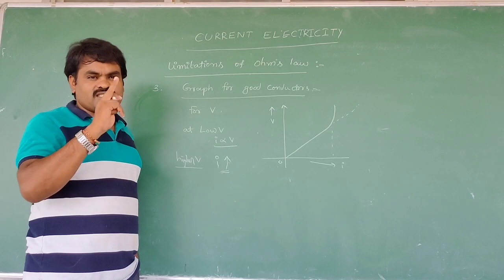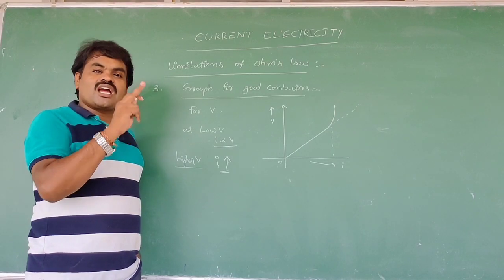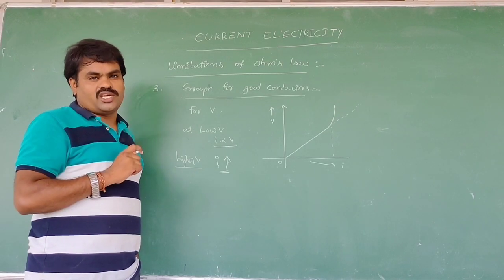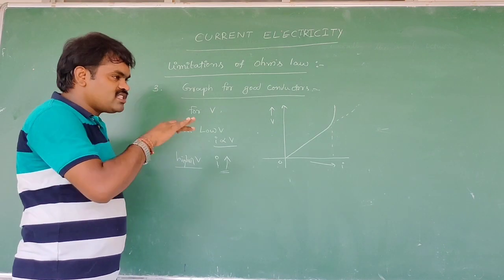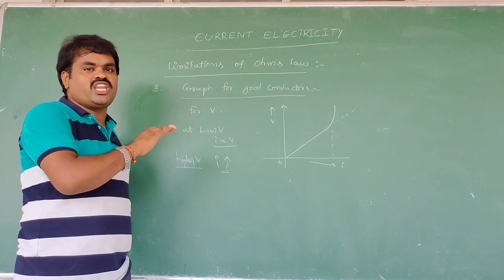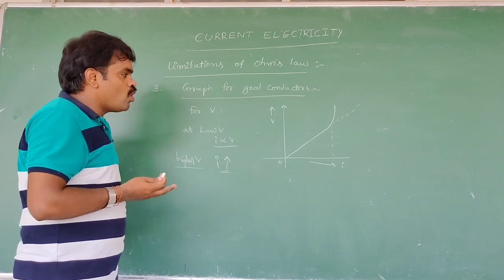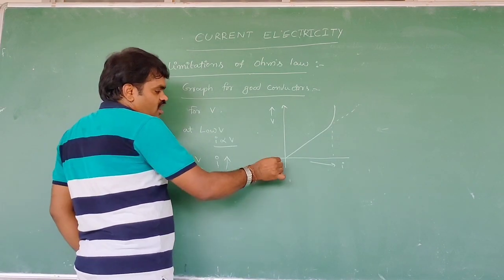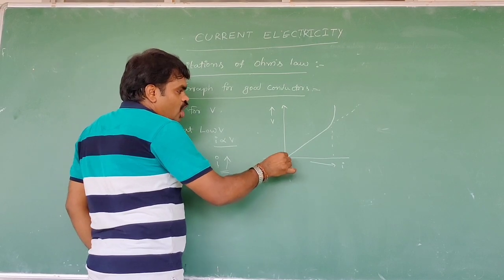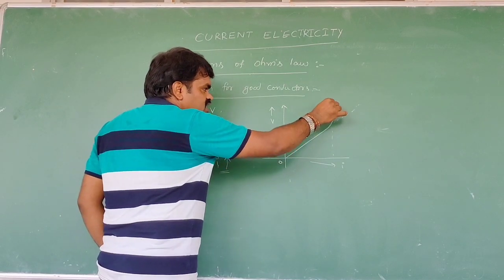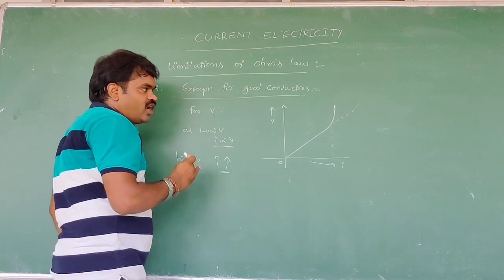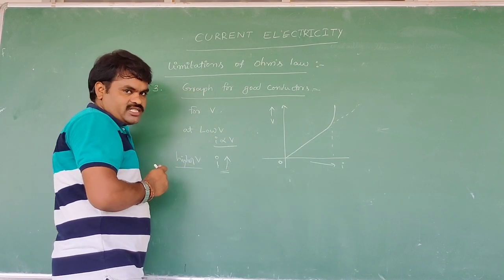Because we know the statement is at constant temperature. That means temperature remains constant. If temperature is varied, the conductor does not obey Ohm's law. Now we can see the graph. The solid line represents the graph for the good conductors.